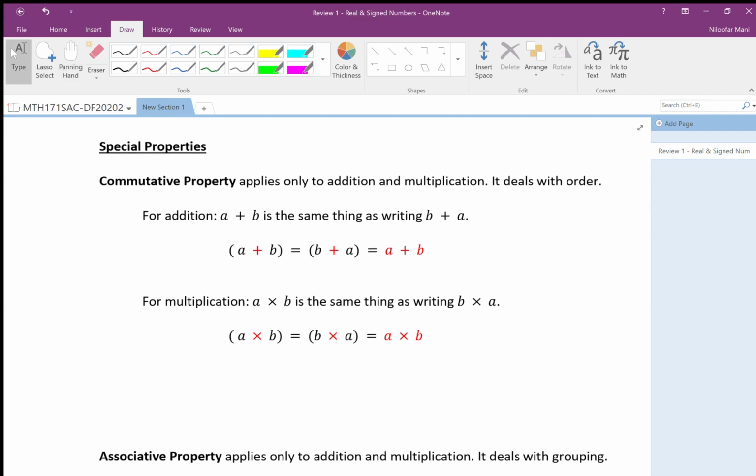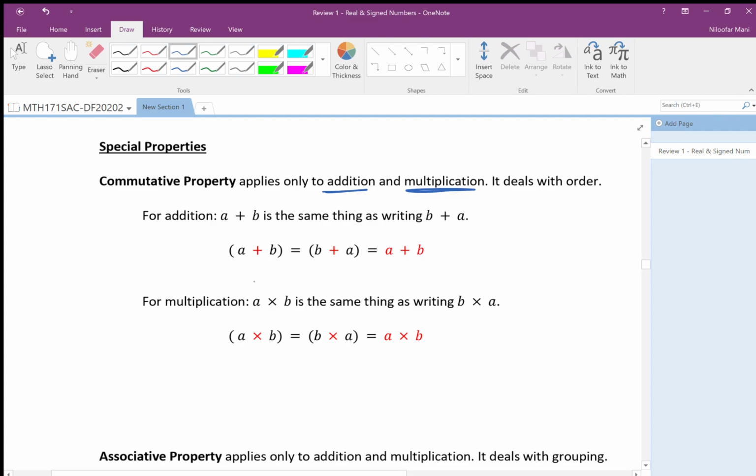Special properties: commutative properties. Here, addition and multiplication. When you change the order, you don't change the result, so we say it's commutative.